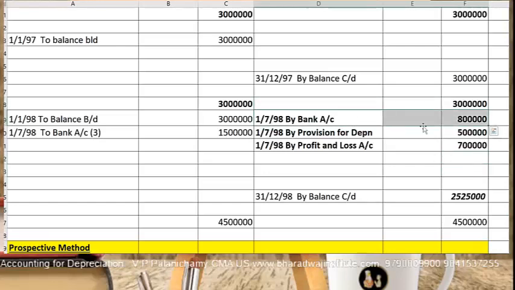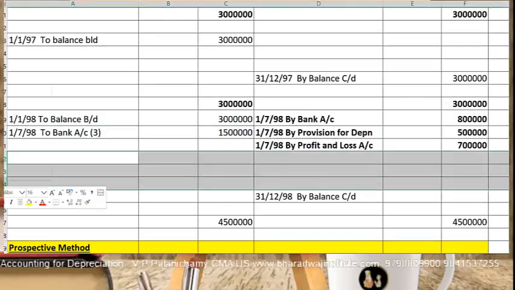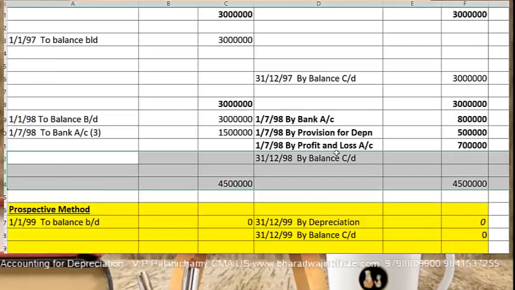By bank for sale, by provision for depreciation, accumulated depreciation on the asset sold, by P&L account, it is becoming which one? Loss on sale. Then on the same date, 1/7/98, we are buying the new machine. So if you tally this, you will get the balancing figure.